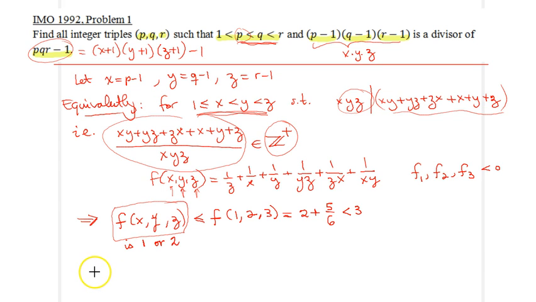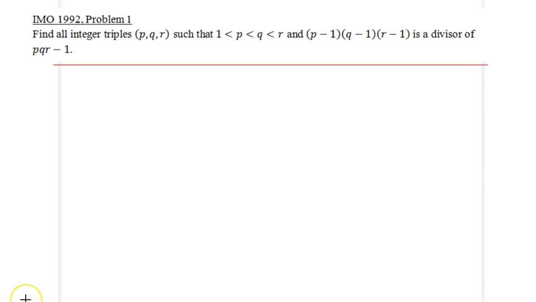So we can have a look at those cases carefully. Let me open a new page and follow on that new page. We know the value of the function f of x, y, z is 1 or 2. Equivalently, this can be represented as xy plus yz plus zx plus x plus y plus z equal to k times xyz, for k equal to 1 or 2.